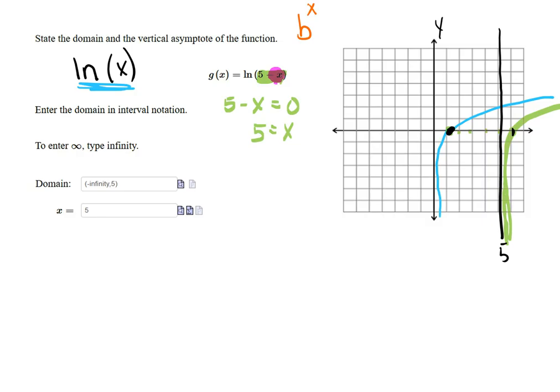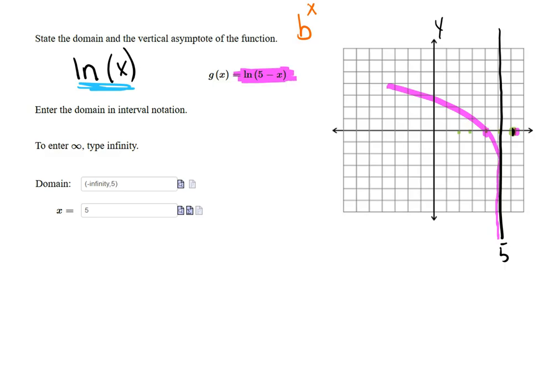So instead of it crossing here, it's now going to cross here, and it's going to run along the asymptote just on the other side and then go like that. So the blue graph no longer exists, and neither does the green one. It's the pink graph that is my final answer for this entire graph of the natural log of 5 minus x.